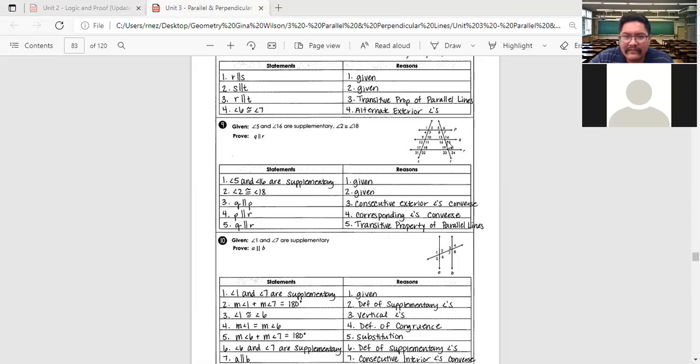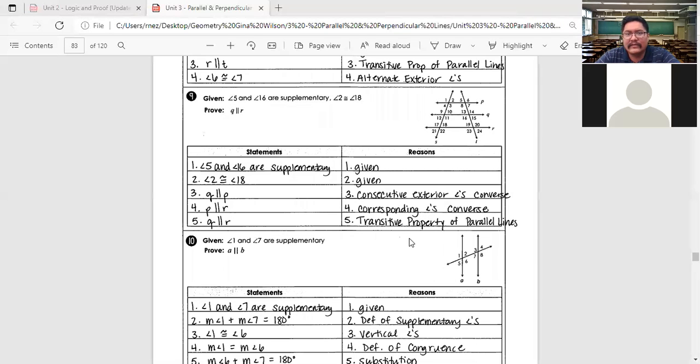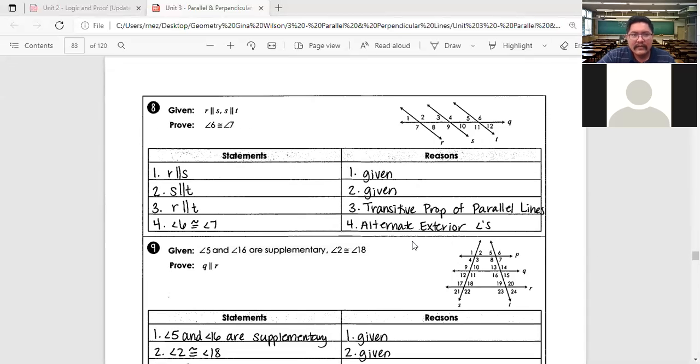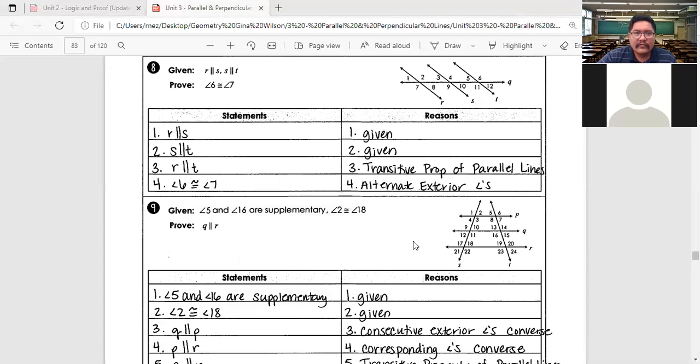All right, so it's about 10:15. I'm going to go ahead and get started. And I'm thinking this will be the last page because I don't think we can really do a whole lot more here. Let's go ahead and go over these here. So given that R and S are parallel, and S and T are parallel, RS, so these first two, are parallel.